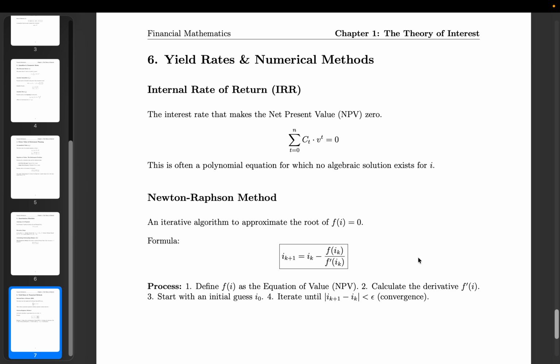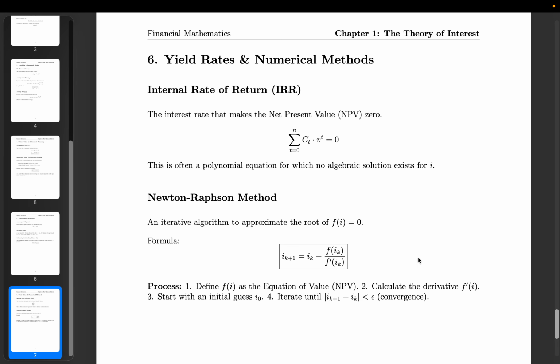This is called the yield rate, or the internal rate of return, IRR. To find it, we set up the equation so that the net present value is zero, NPV equals zero, or PV of inflows equals PV of outflows.